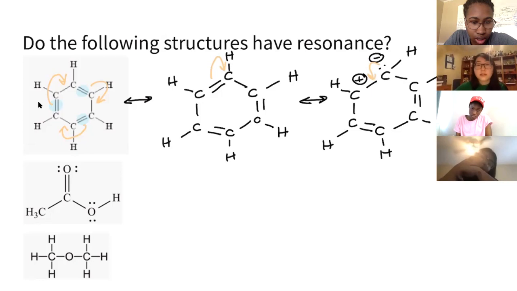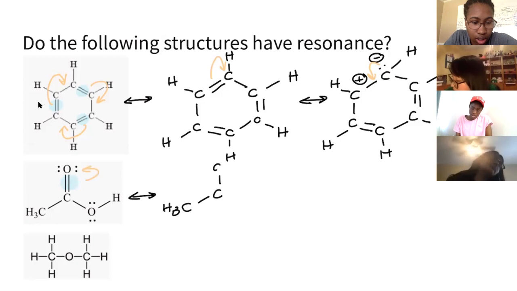So now if we want to look at the second example, again, we have a double bond. What we want to do is move them up to the oxygen. So that becomes, I'm going to move this down a little bit, that becomes a single bond. The oxygen now has what formal charge?